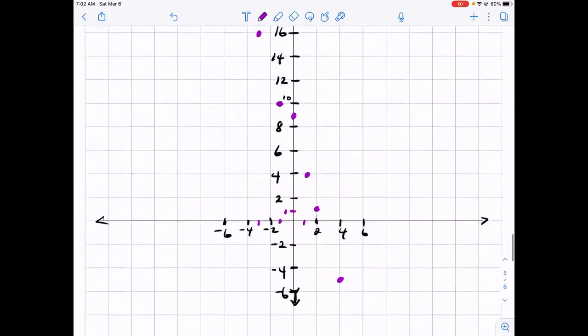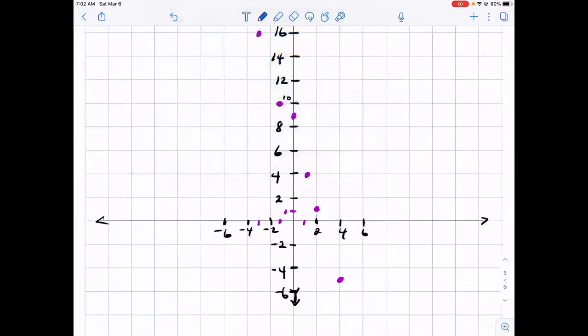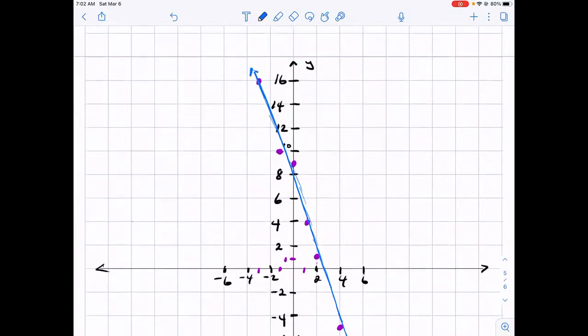So we know that this is linear. So if we now draw a line through these points, we should have a straight line, really.